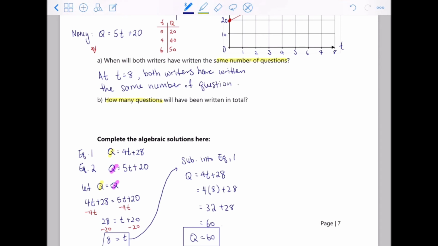And part B, how many questions will have been written in total? The writers each wrote 60 questions.